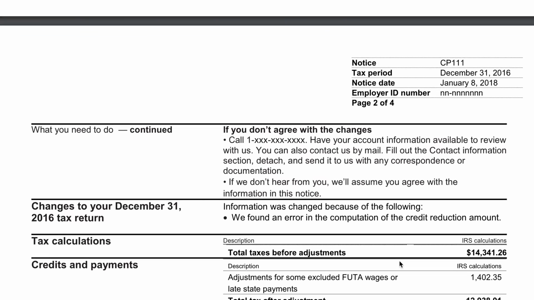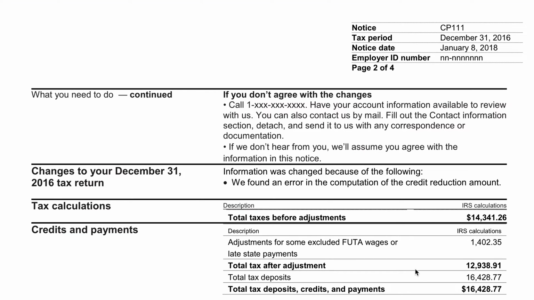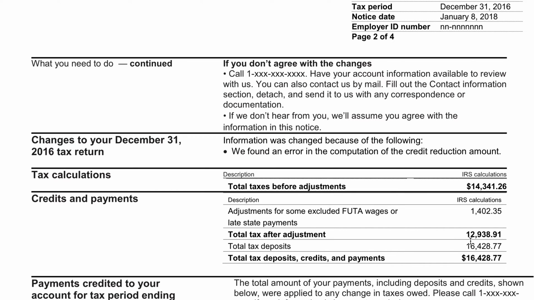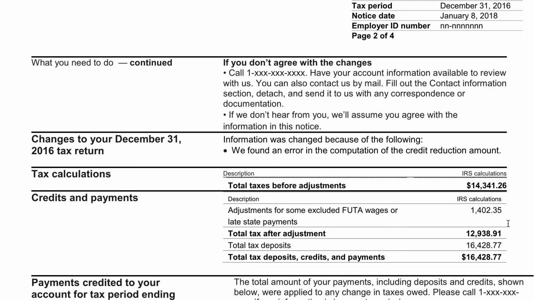Let's see, tax calculations. There's a breakdown of the tax credits and payments. There was an adjustment to your tax for excluded unemployment wages or late state tax payments. So the total tax was $12,938.91.